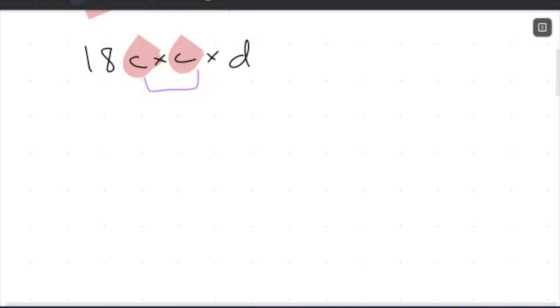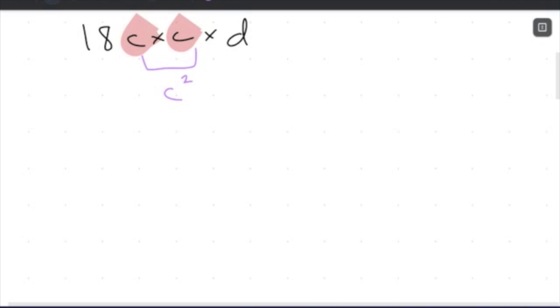So it doesn't matter what c is, all we know is that it's multiplying by itself here. So anytime we multiply a number by itself, we can think of that as squaring the number. So we have another shorthand that we've established earlier. So I can write this as c squared.